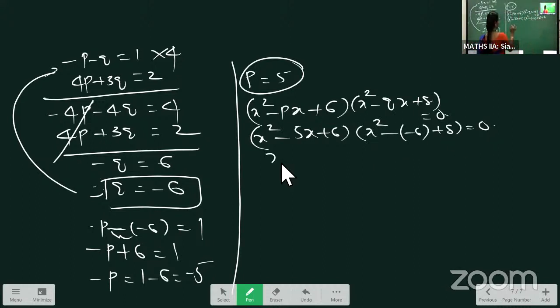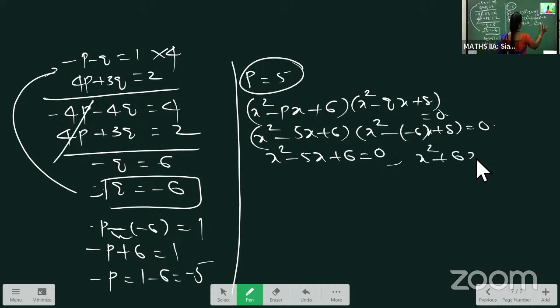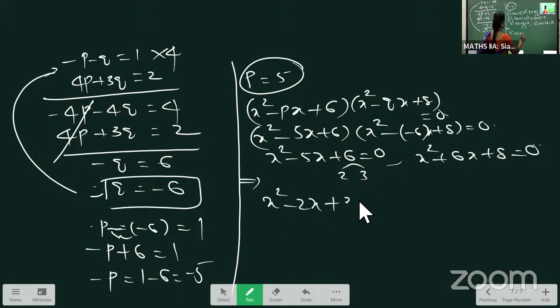Now x square minus 5x plus 6 is equal to 0 is one equation, and x square plus 6x plus 8 is equal to 0 is the other. So now factorize this one. This can be written as 2 and 3. So 2 plus 3, if you add, we get 5. x square minus 2x minus 3x plus 6 is equal to 0.